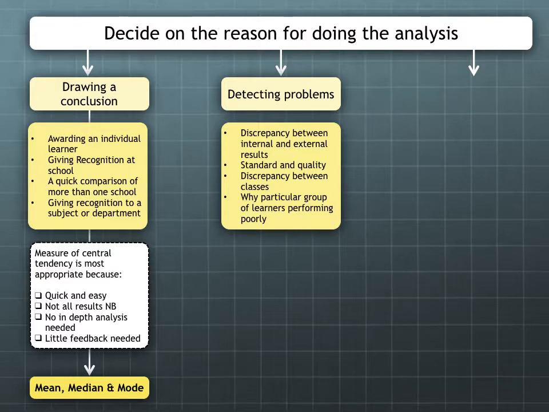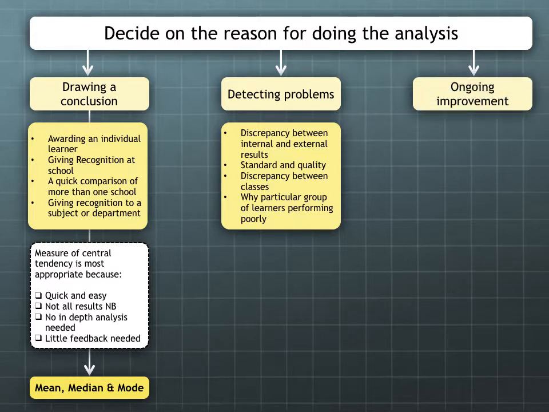You could be detecting problems in the standards and quality, determining why there's a discrepancy between different class results, to look at why a particular group of learners or subject is performing poorly, and then also to determine whether the expectations of the learners are actually appropriate. So that is your detection of problems.